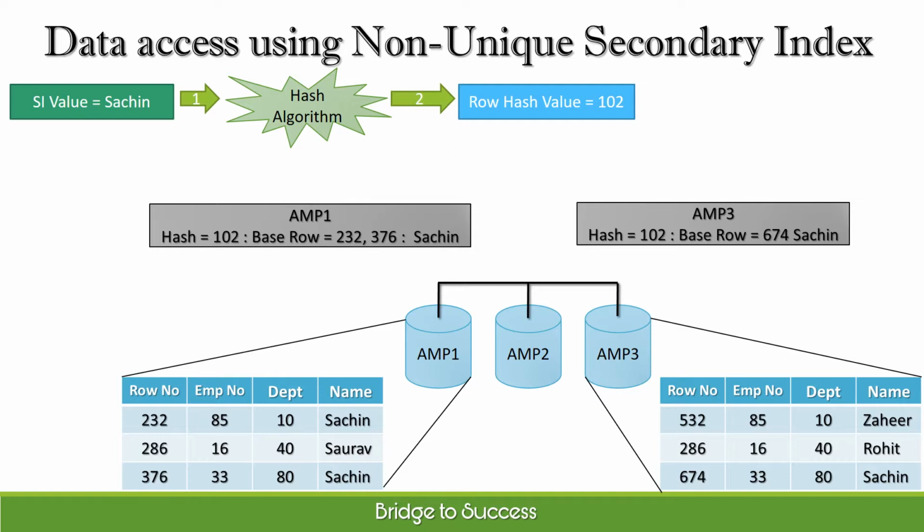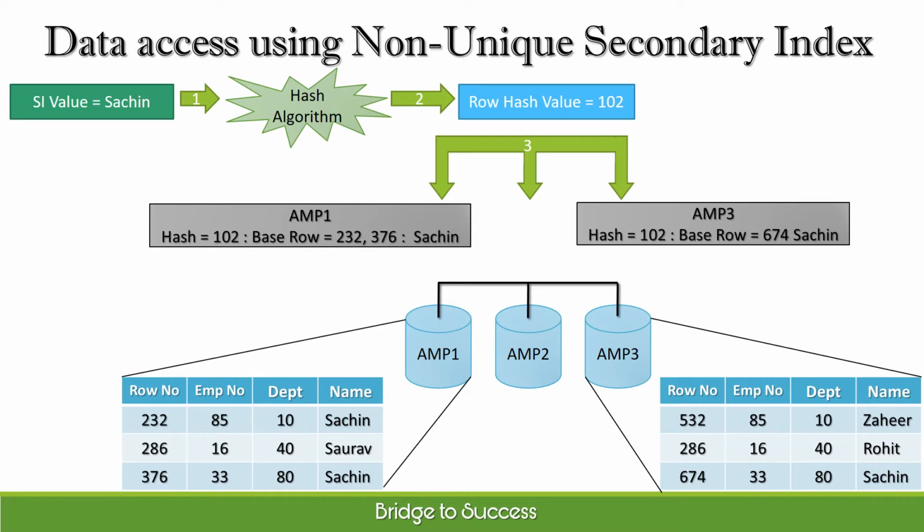Let's assume the value as 102. All AMPs are activated to find the hash value of the non-USI in their index subtables. The AMPs whose subtables contain that value become the participating AMPs in this request, in this case, AMP1 and AMP3. The other AMPs discard the message.